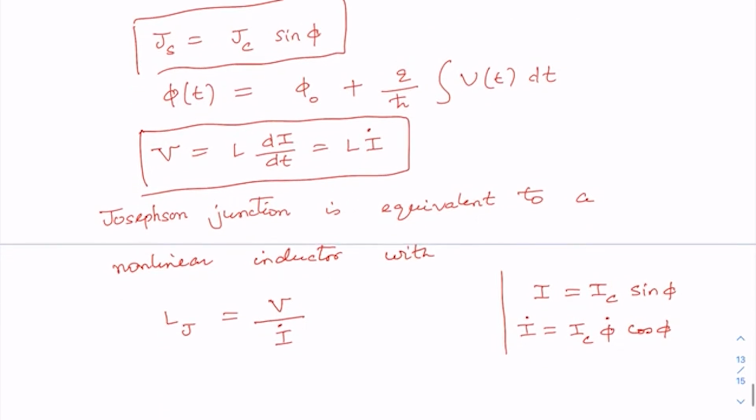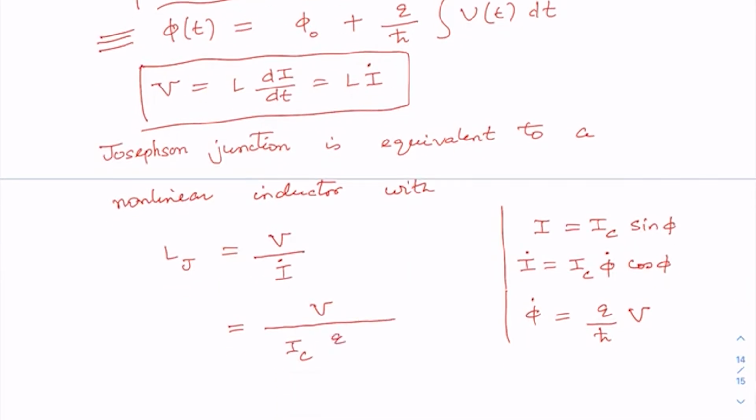Again phi dot, from this expression here, is equal to q by h cross V. If I put everything here, I have IC phi dot is equal to q by h cross V, and I have cos phi.